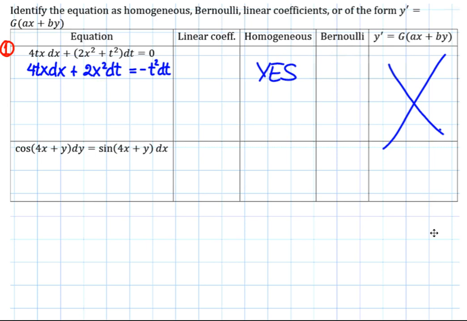Now, for the Bernoulli equation, we change that to the standard form, so I will divide both sides by 4x dt. By the way, this is a null here also. So we cancel and everything, and we have dx over dt, and here we have 2 over 4, which is 1/2.